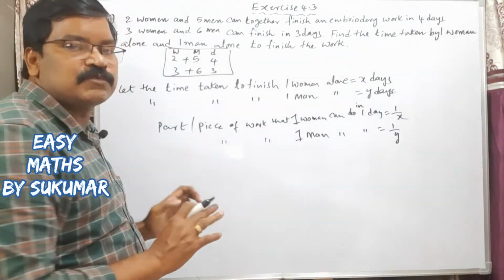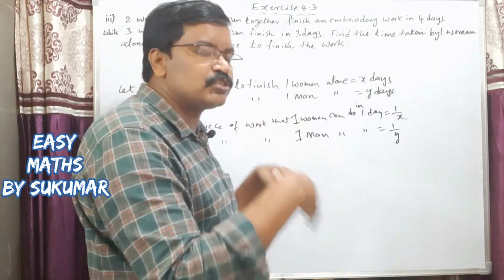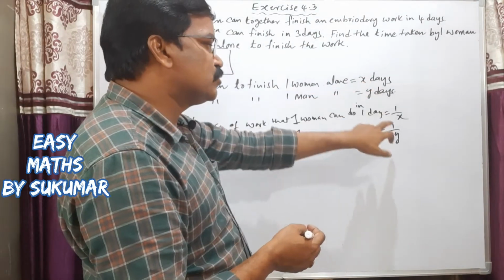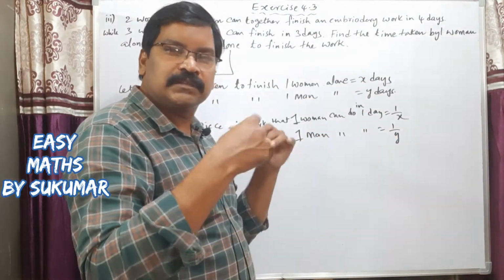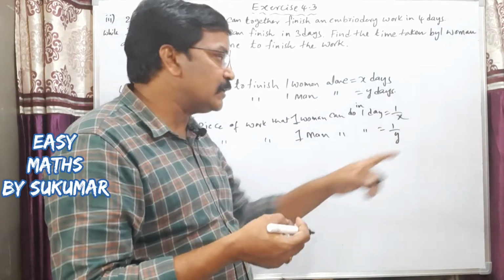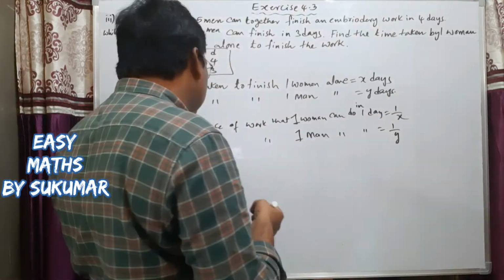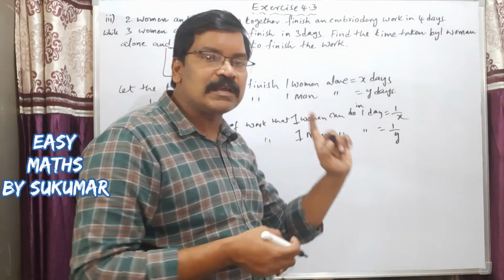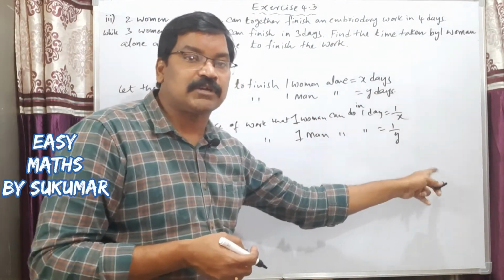So this type of sums we should convert: X days into the part of work that one woman does in 1 day, that is 1 by X. Similarly, the piece of work that one man can do in 1 day is equal to 1 by Y. Like that we have to convert.